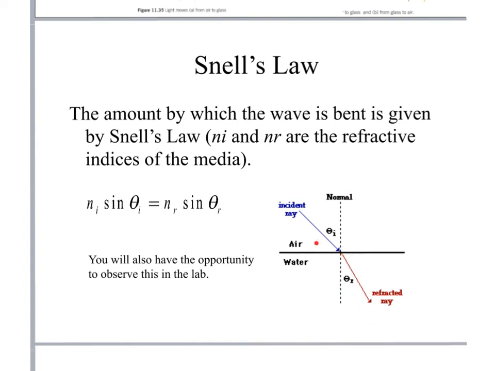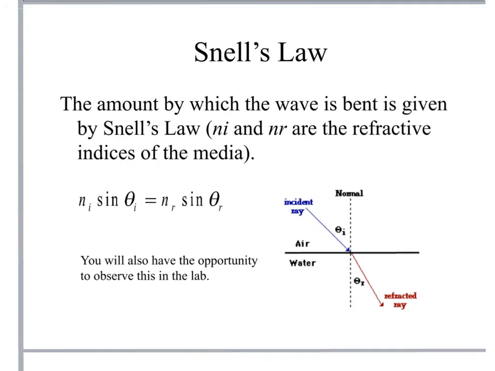We can calculate incident rays, refracted rays, or the index of refraction of two media using this formula. And this is Snell's law. I'm not actually going to get into it too much, but if you want to, go check out the original slides, and there are a few practice problems for you to work on your own.